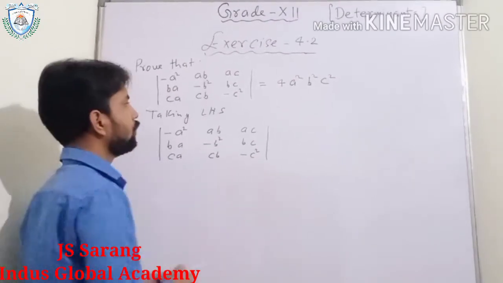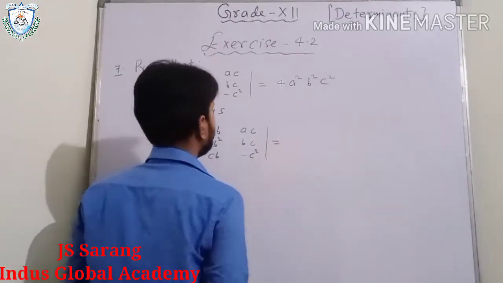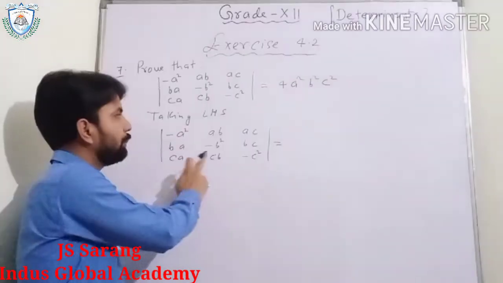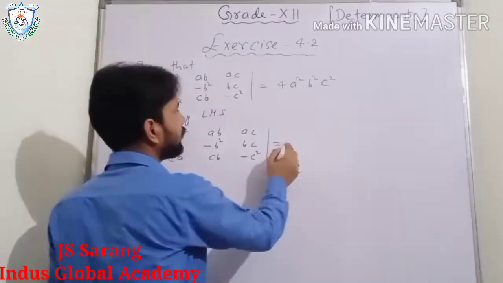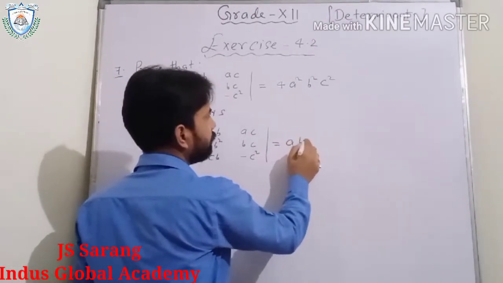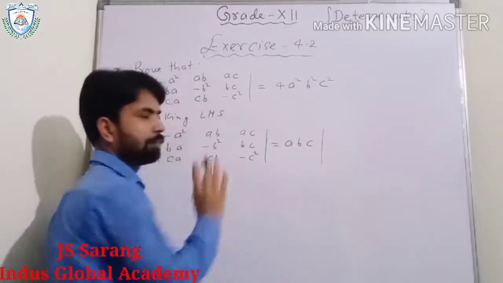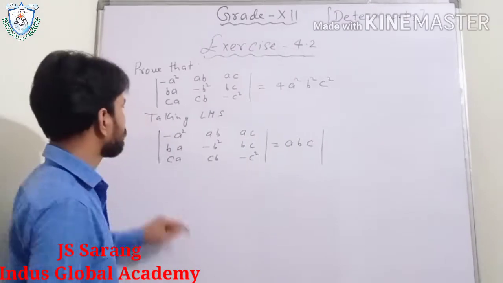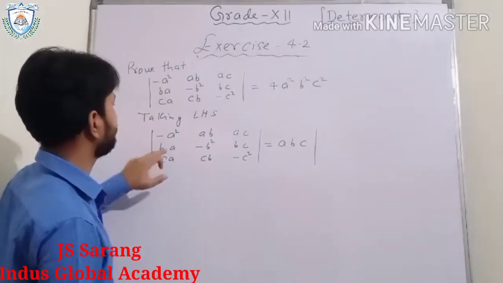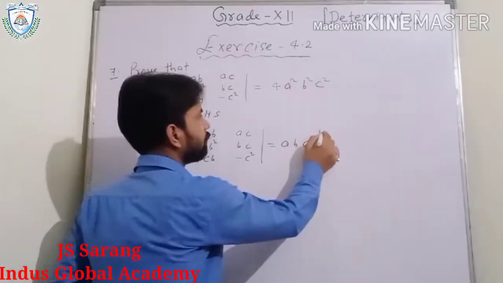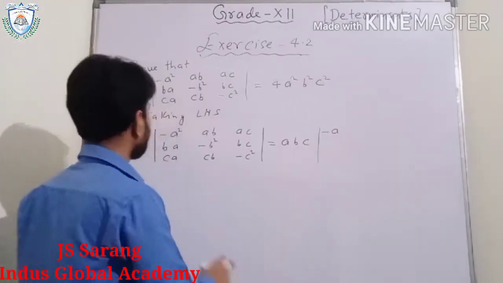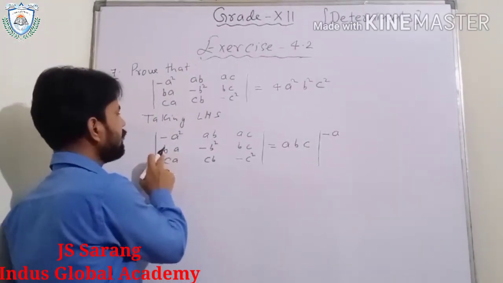Clear? So if we take a common from the first column, b common from the second column, c common from the third column, so what is common? a, b and c. This will be common. So if a is common from the first column, a square is here, so one a will be left. So minus a. BA, a is common, so b is left.